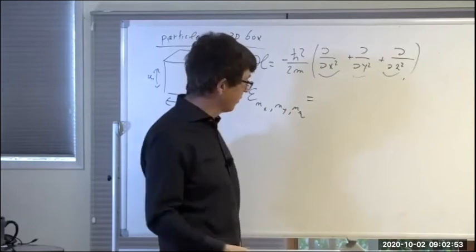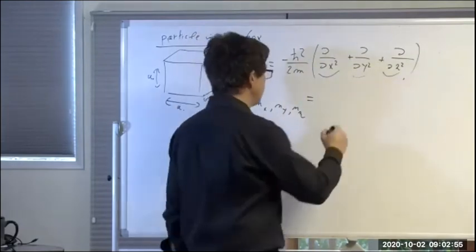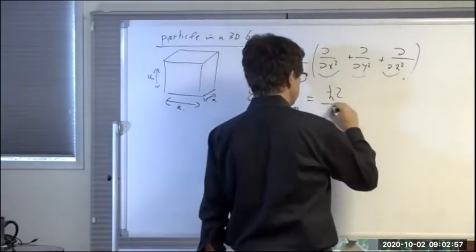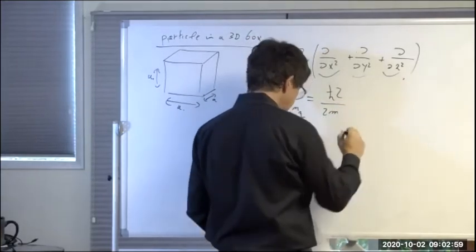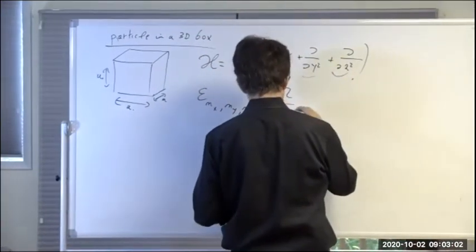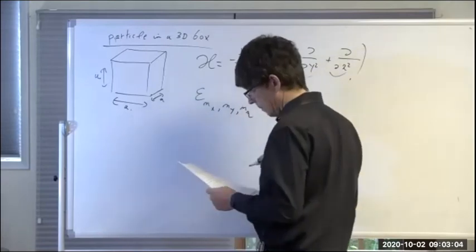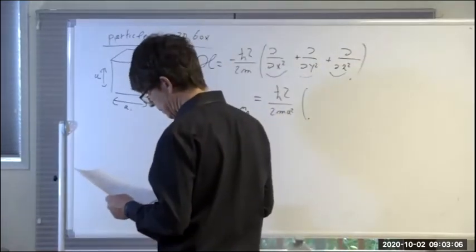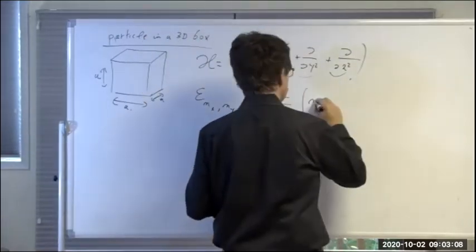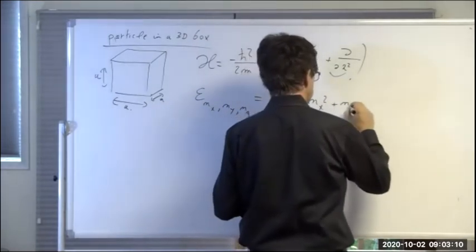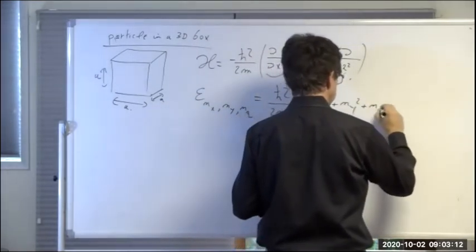The energy level I'm in the x, y, and z direction, which is h squared over 2 m a squared times nx squared plus ny squared plus nz squared.